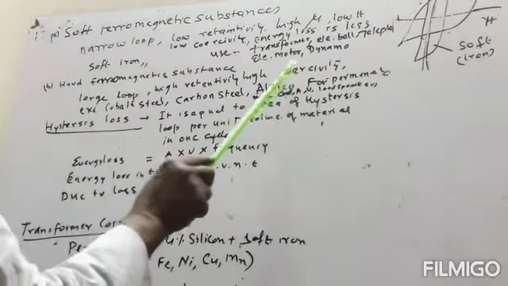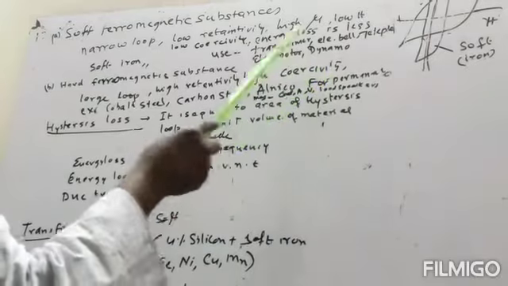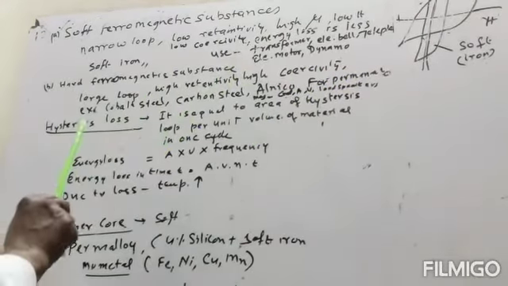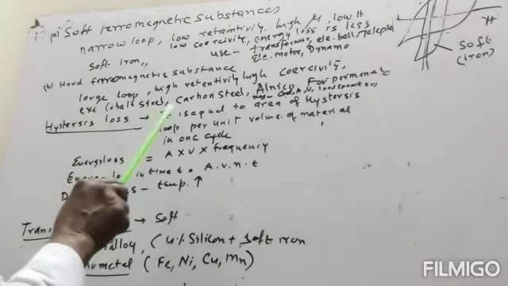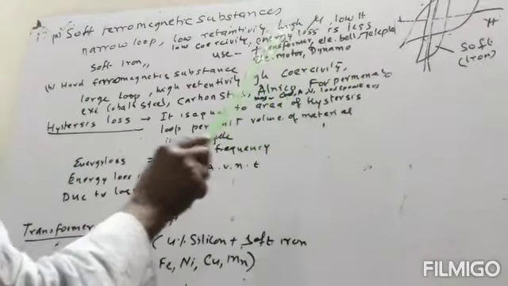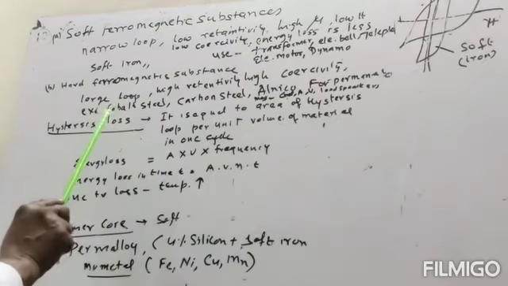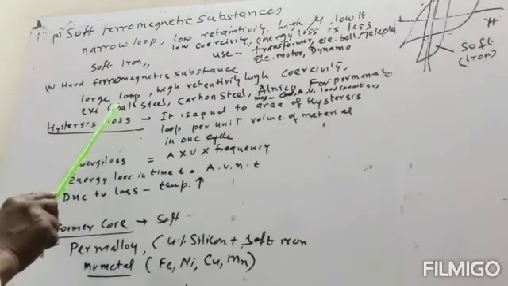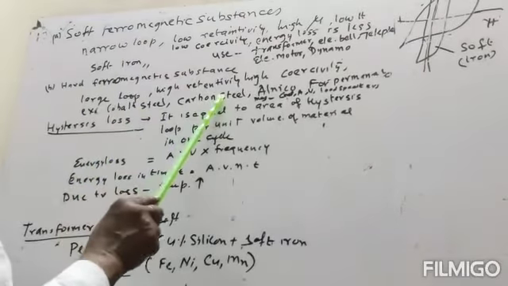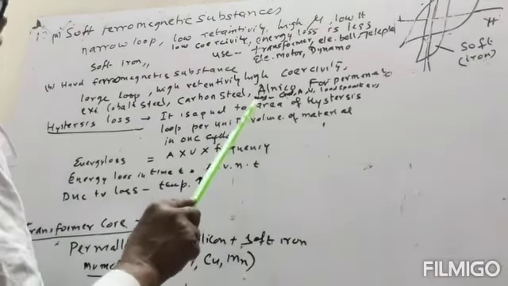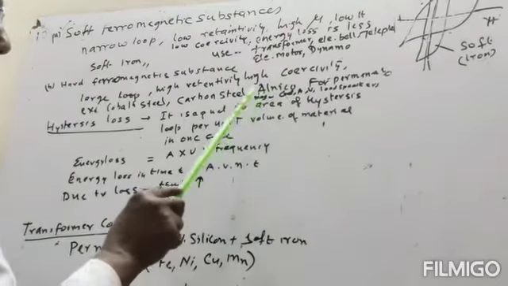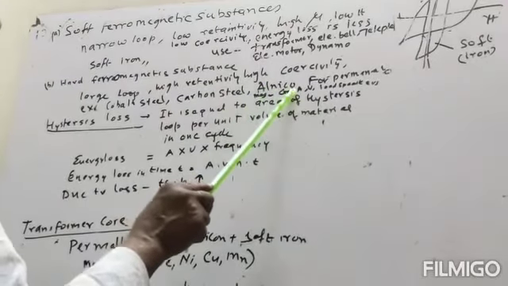Coercivity is high, which means it cannot be easily demagnetized. So such are the properties. The examples are steel, cobalt steel, carbon steel, then alnico. Alnico is an alloy of aluminum, nickel and cobalt.